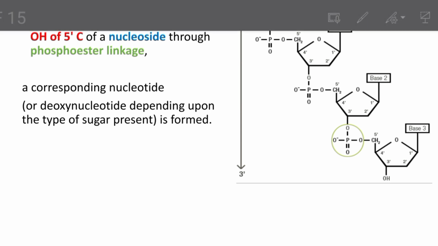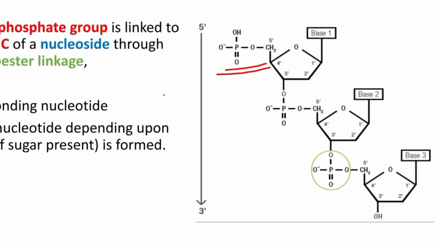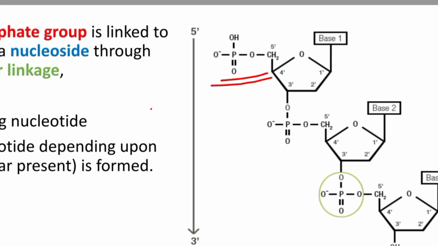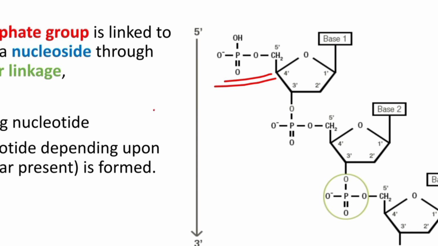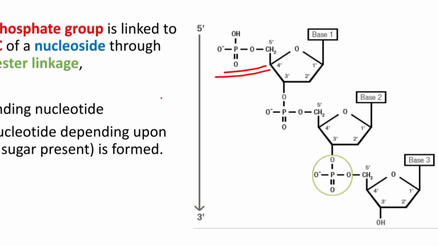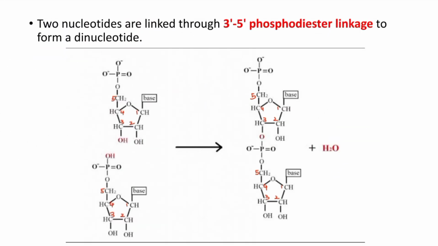through phosphoester linkage. So here you can see this is phosphoester linkage. Okay, so this marked one. Okay, here you can see fifth carbon also. Fifth carbon. So this is phosphoester linkage. Two nucleotides are linked through 3'-5' phosphodiester linkage to form a dinucleotide.